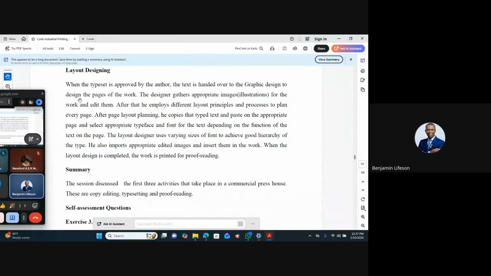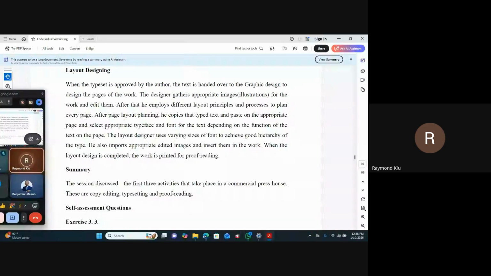All right. Please, let's proceed. Layout designing. When the typeset is approved by the author, the text is handed over to the graphic designer to design the pages of the work. The designer gathers appropriate images, that's illustrations, for the work and edits them. After that, he employs different layout principles and processes to plan every page.